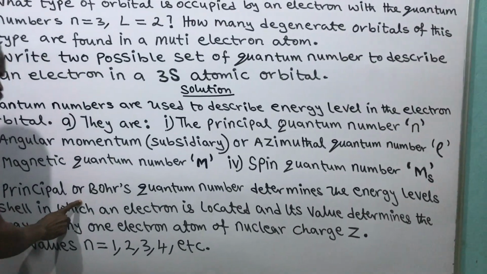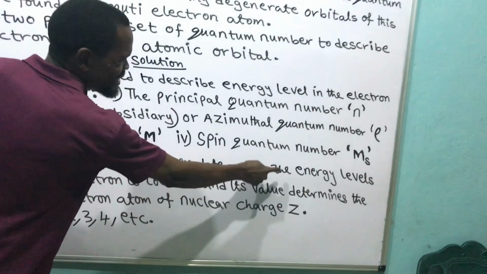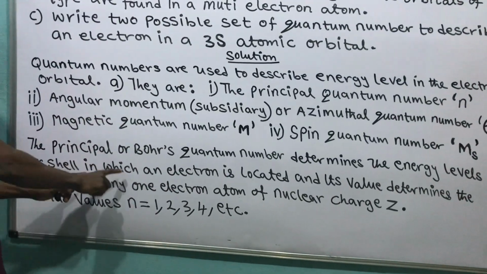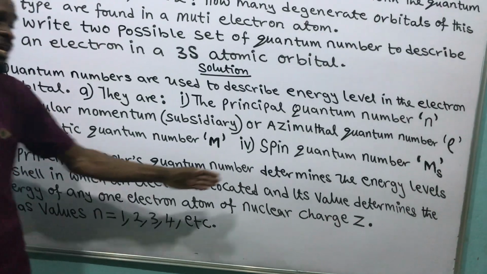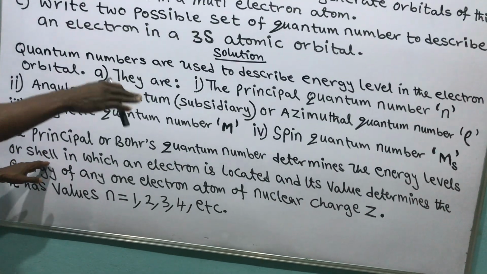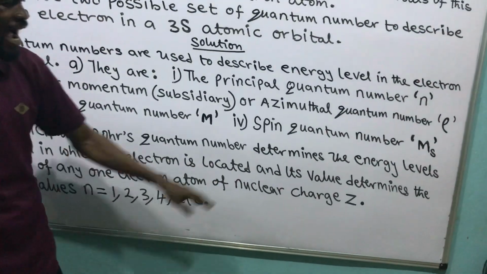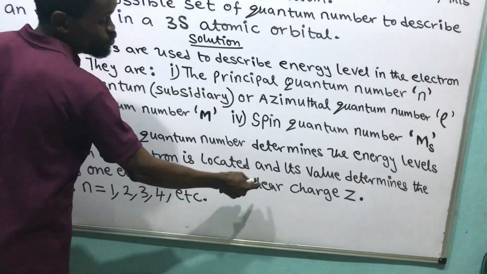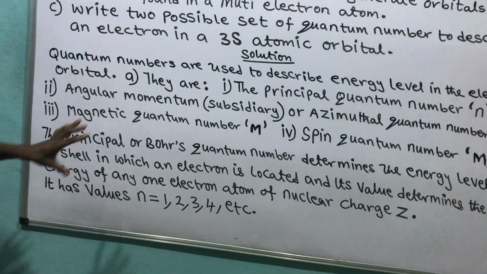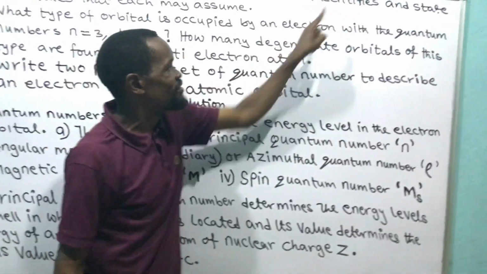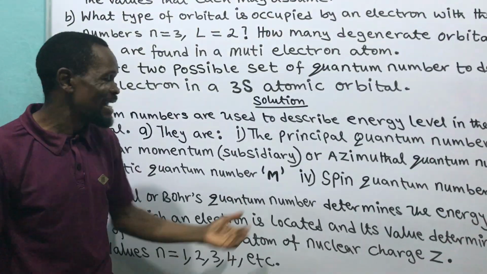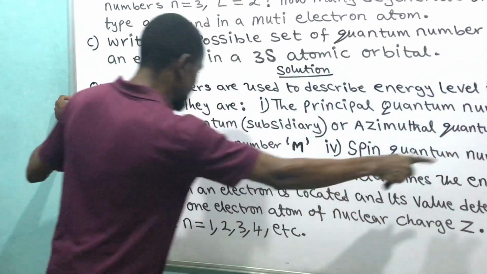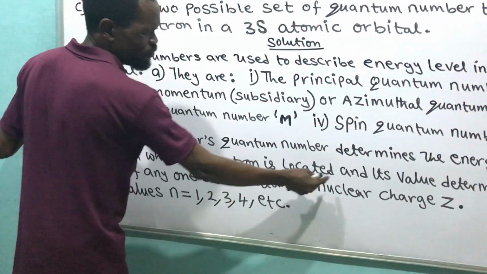The principal quantum number, or Bohr's quantum number, determines the energy level or shell in which an electron is located, and its value determines the energy of any one-electron atom of nuclear charge Z.